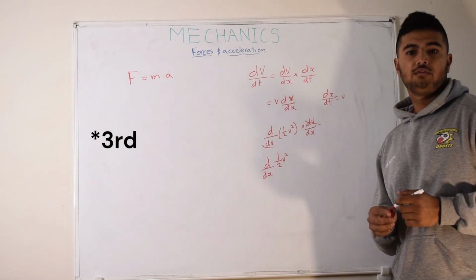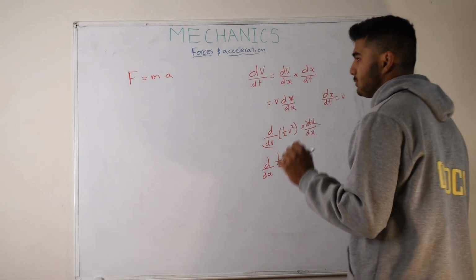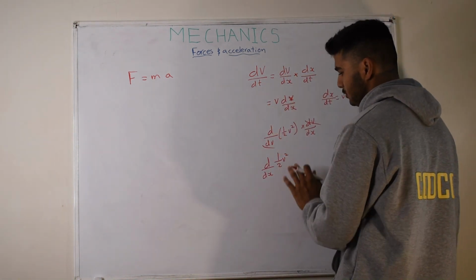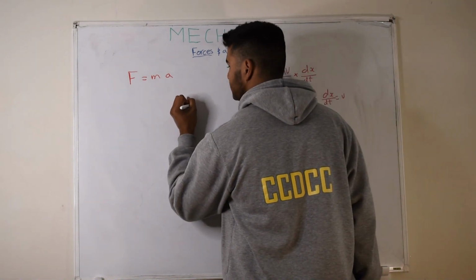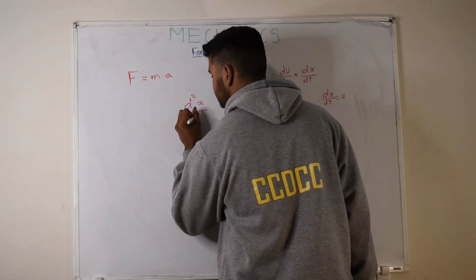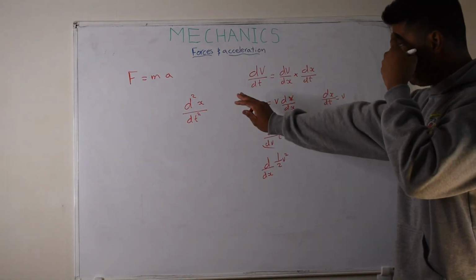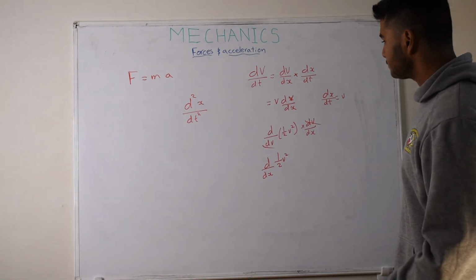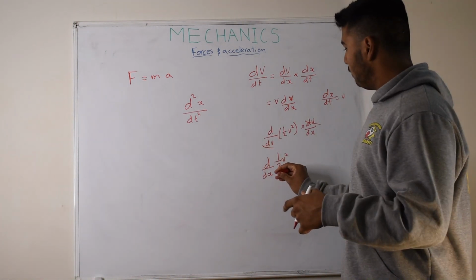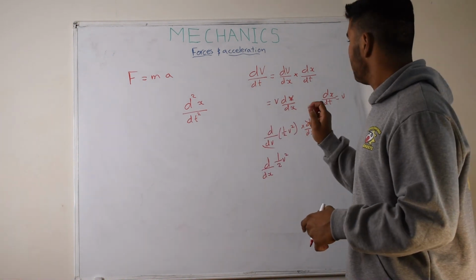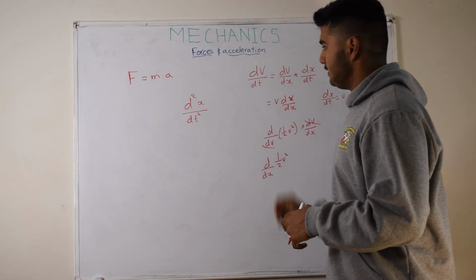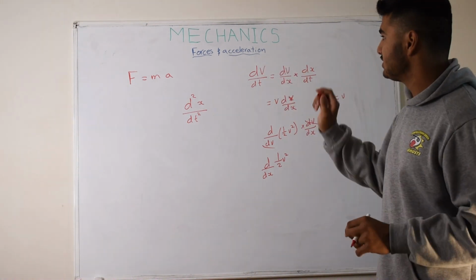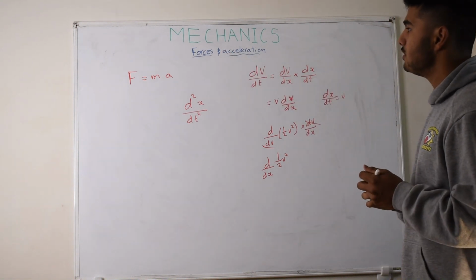Second method of writing acceleration. The last method is, as we have dv dt, v dv dx, and this one over here, d squared x upon dt squared. So we have four different variations of acceleration, as all of these are as important to each other. So keeping these in mind, let's look at the first example related to forces and acceleration.